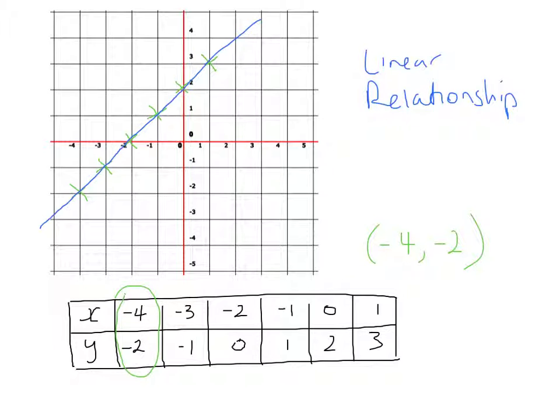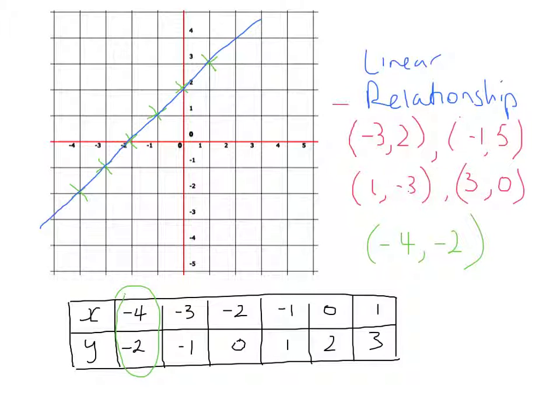Just to show you as a comparison, if I make up a few other points, -3 and 2, -1 and 5, and we go 1 and -3, and 3 and 0.